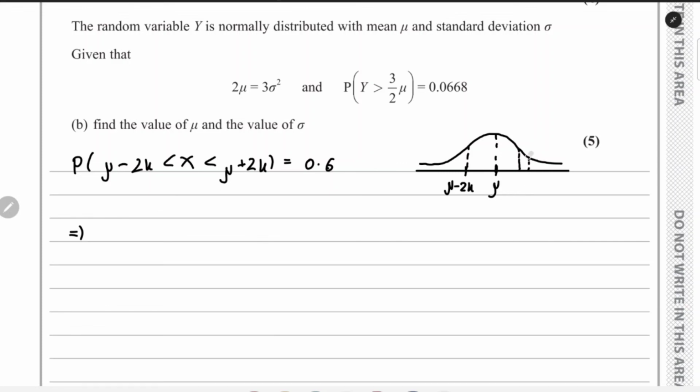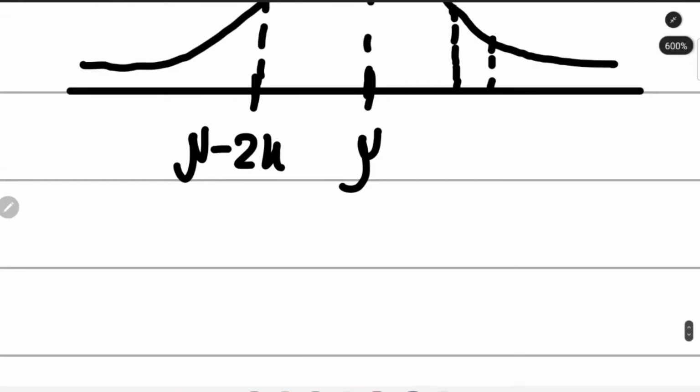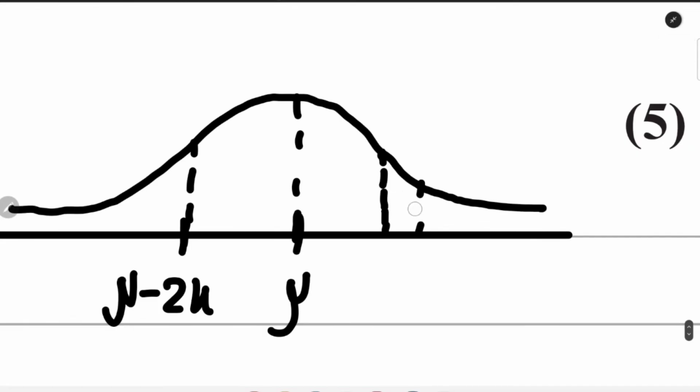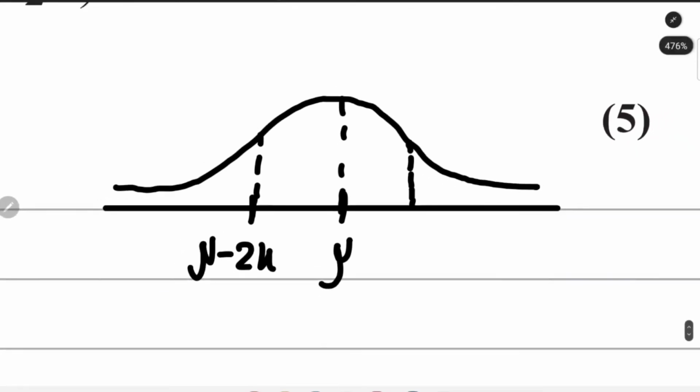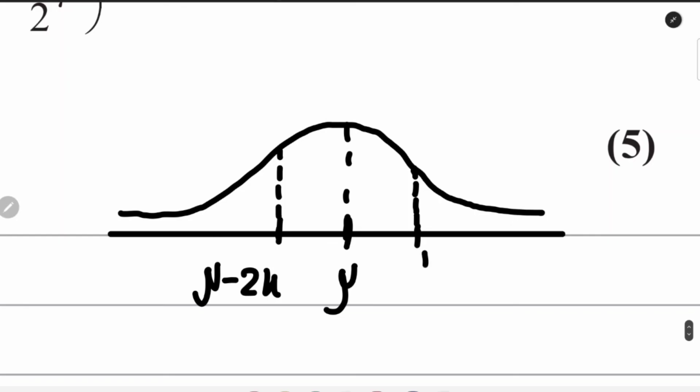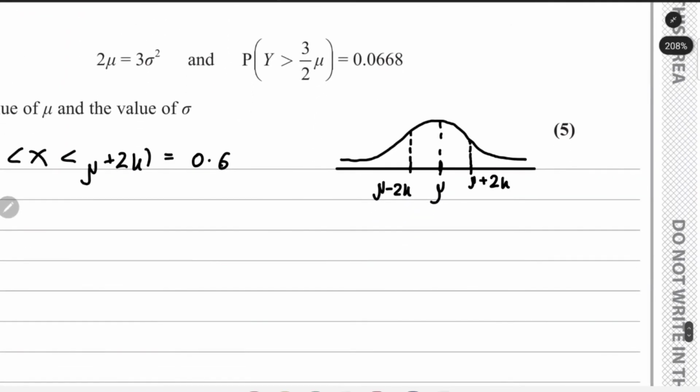Somewhere over here. This would be closer. And this would be mu plus 2k. So this distance and this distance are the same. Both of them are 2k.